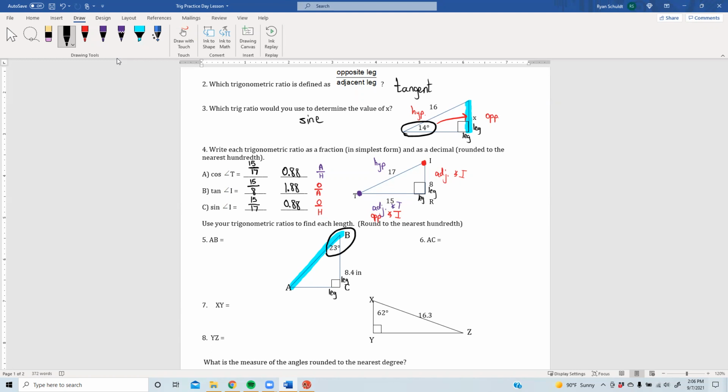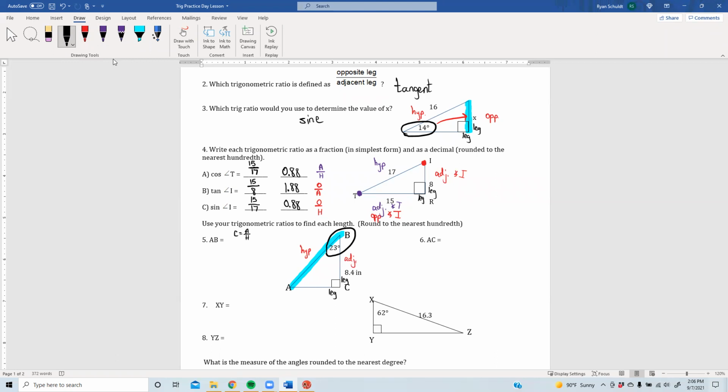So the side we want to find, how is it related to the angle they give us? AB, that's going to be our hypotenuse. What about the 8.4? The 8.4 is adjacent. So which one uses adjacent and hypotenuse? That would be cosine.